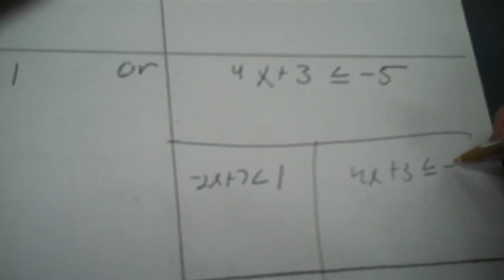Okay, next one, same idea. Negative 2x plus 7 less than 1. 4x plus 3 less than or equal to negative 5. Minus 7, minus 7. Line that sign up. And it's dividing time. I'm yelling that so you look at the number in front of the x.